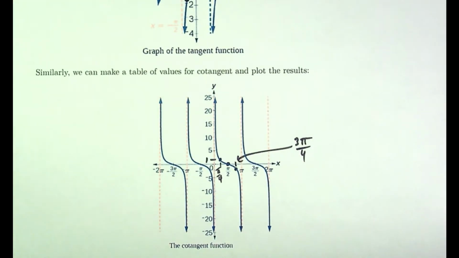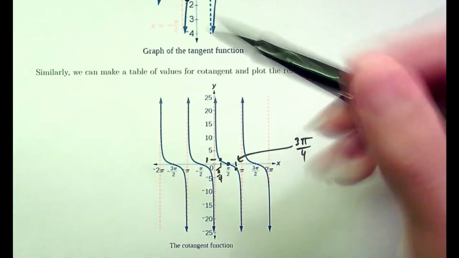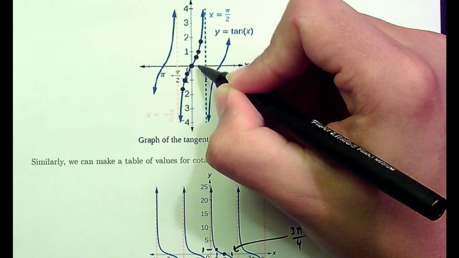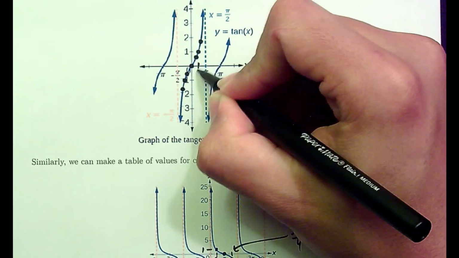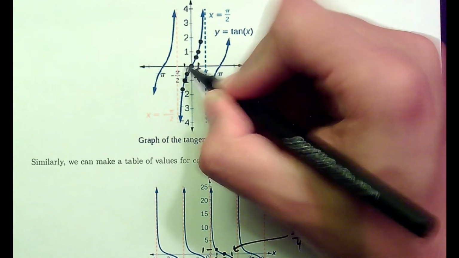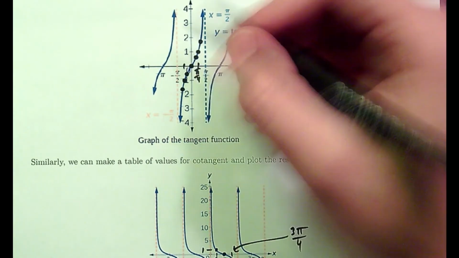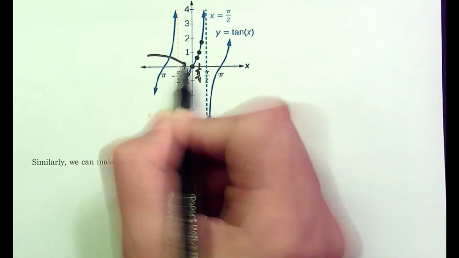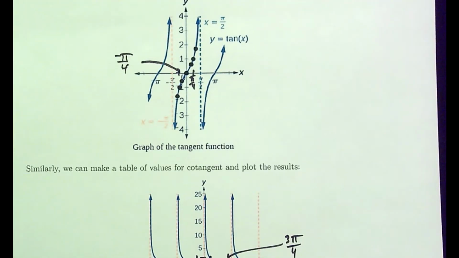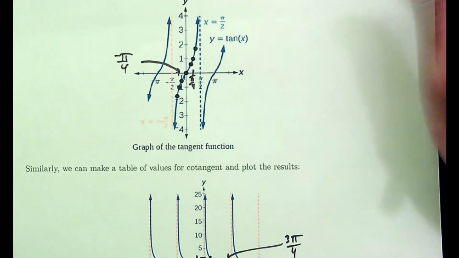Okay, so remember these three, so you see, it is almost exactly the same as tangent. You should remember 0, the tick mark at pi over 4, where the value is 1 at that point, and the value at negative pi over 4, again I don't have space there, would be negative 1.